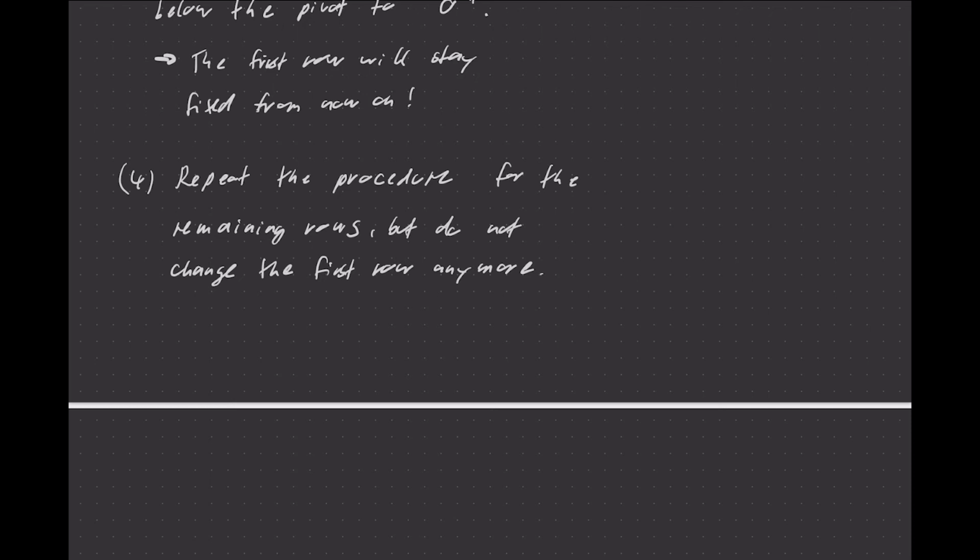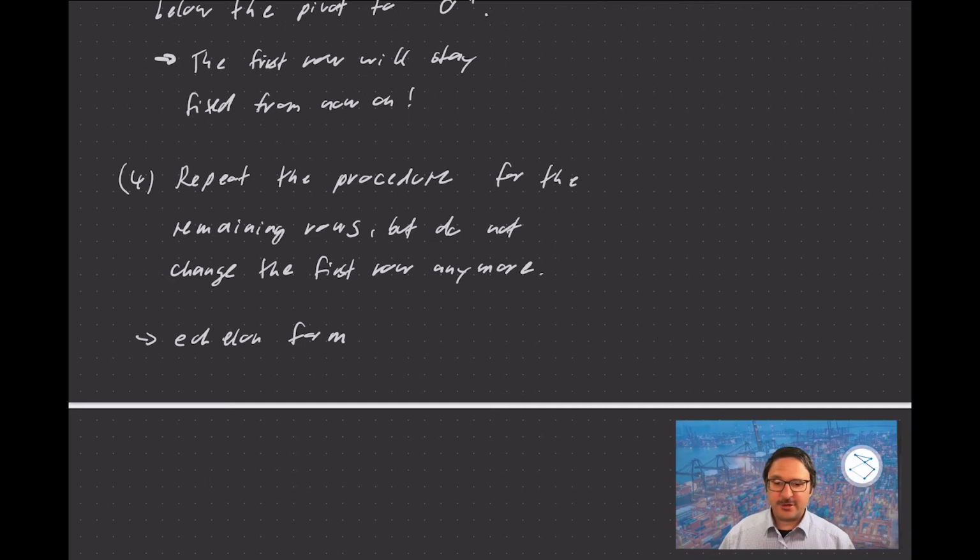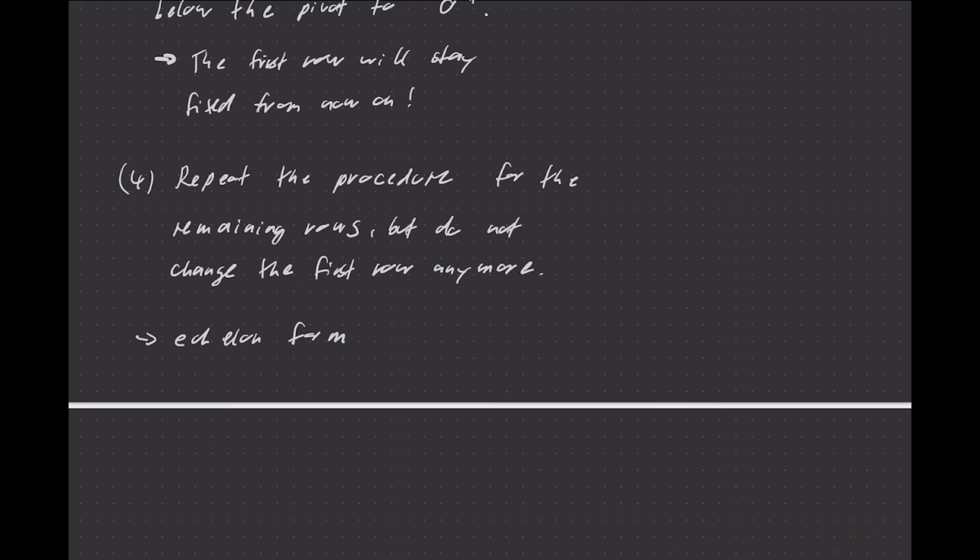And if we do this successively, what we will get is a tableau in echelon form. And once we have that, of course, it's easy to determine the solution space. We just use back substitution for this one.